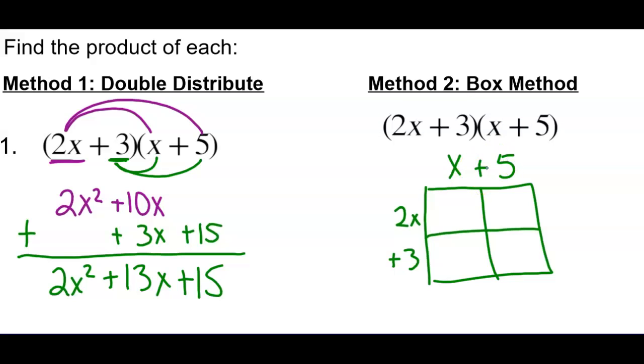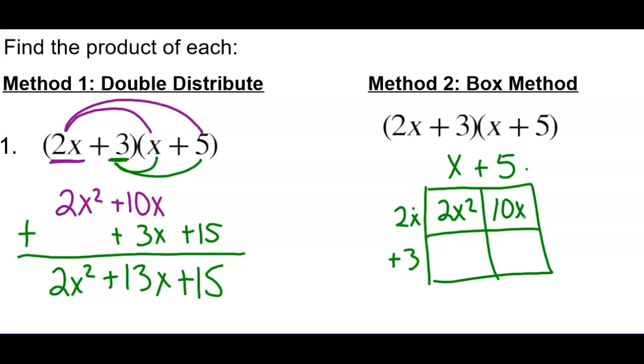So I've got both my binomials, and now what's in the box here is the result of multiplying these two things. So 2x times x is 2x squared. 2x times 5 is 10x.